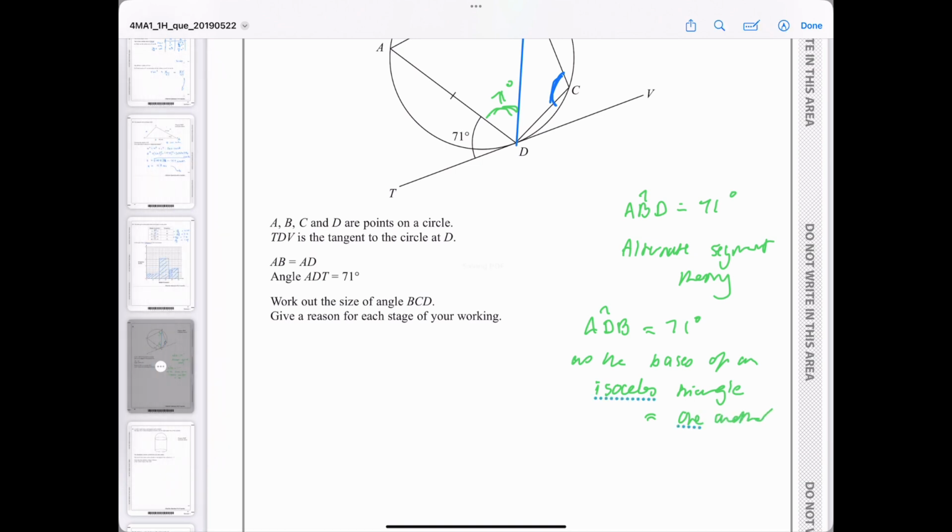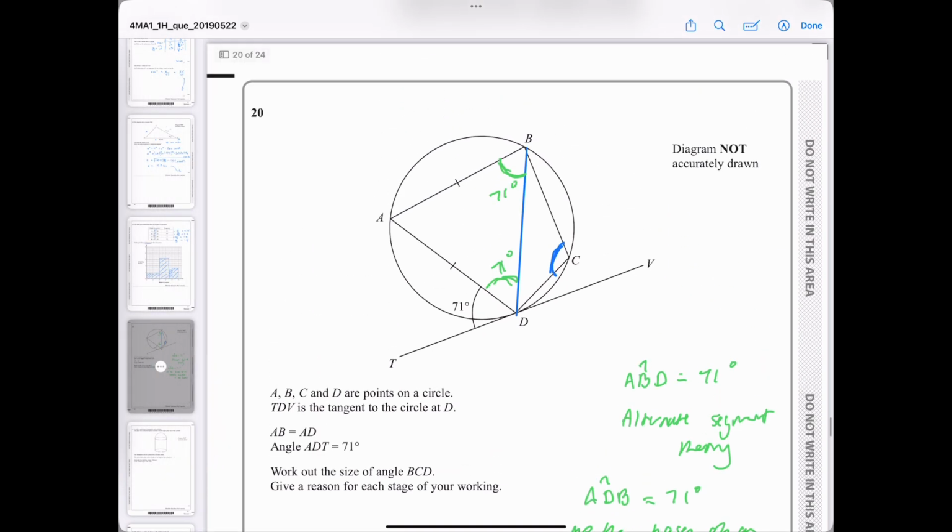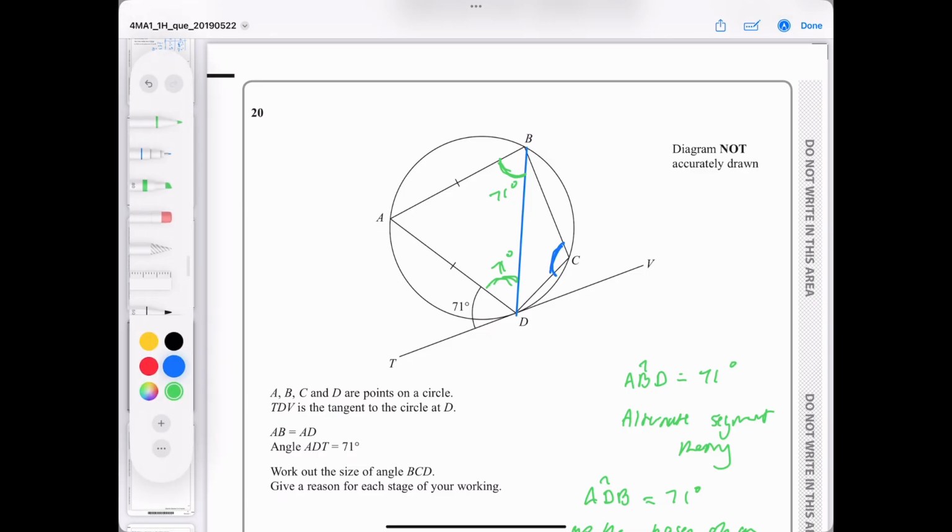And then what's the next thing we know? We know that DAB would equal 180 minus 142, because the angles in a triangle add up to 180, and that would be 38.